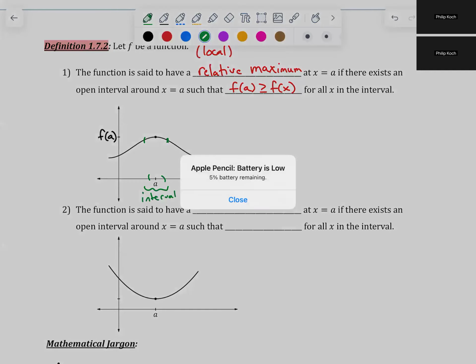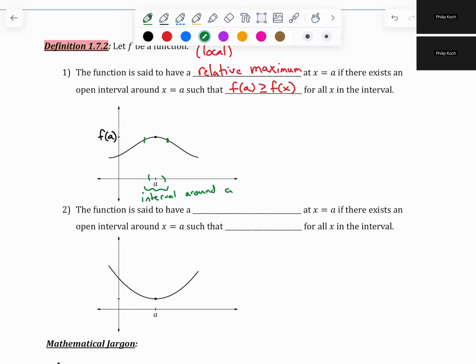If you're thinking about it in terms of a little person, or a cat, the person is at the top of the hill. That's how you know you're at a relative maximum.